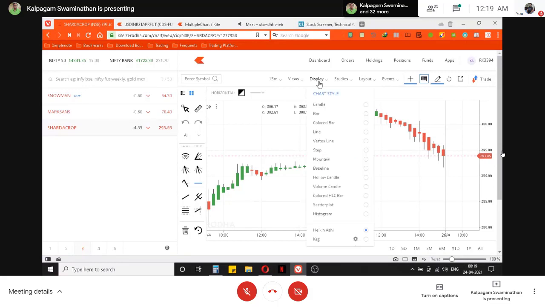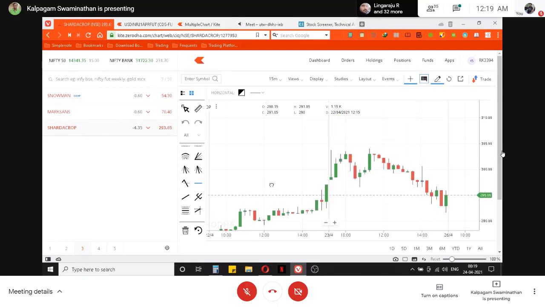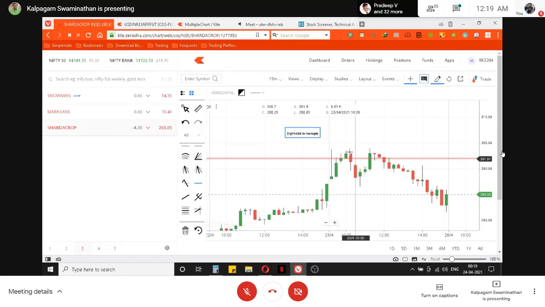If you look at the normal candle chart, you will see that nowhere was the low broken except on this candle, the fourth candle. On the fourth candle low, you take an entry to sell. The high of this will be the stop loss. It got hit once.